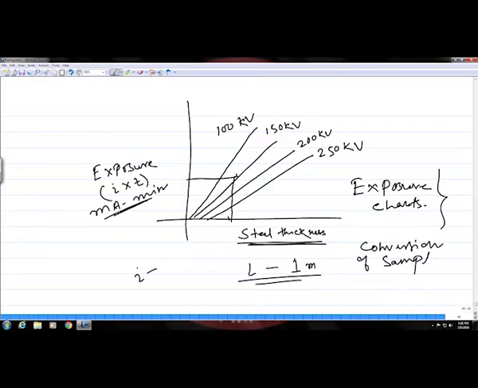If you have a sample made of any other material, that thickness has to be converted to an equivalent steel thickness, and then that thickness can be used for this kind of charts which are generated for steel samples.